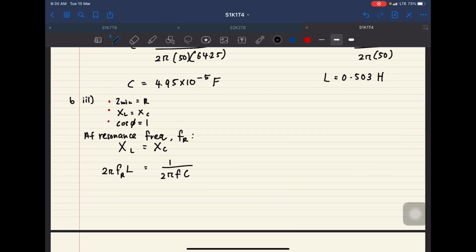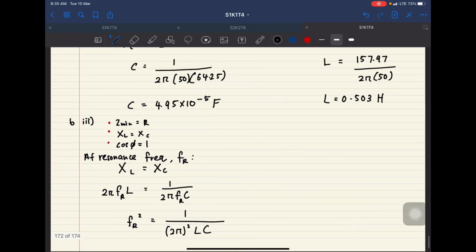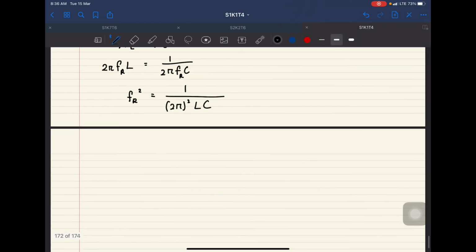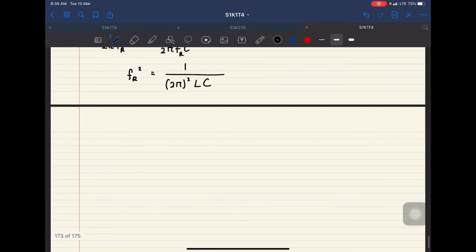So this one becomes FR and FR. So if I bring FR to left hand side, that will get FR square equals to 1 over 2 pi square L and C. And if I bring the square to the other side, it becomes square root. So your FR is equals to square root of 1, which is 1. Square root of 2 pi square becomes 2 pi. And square root of LC.